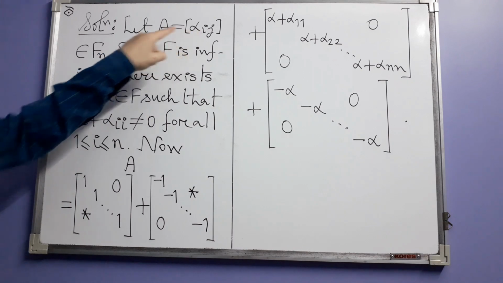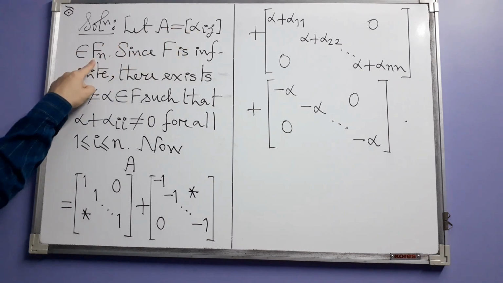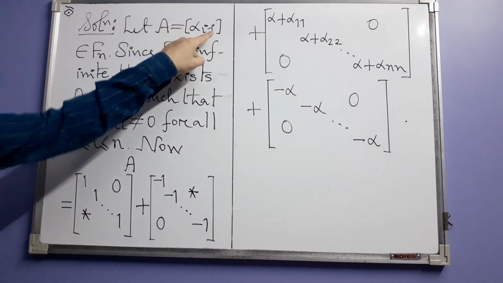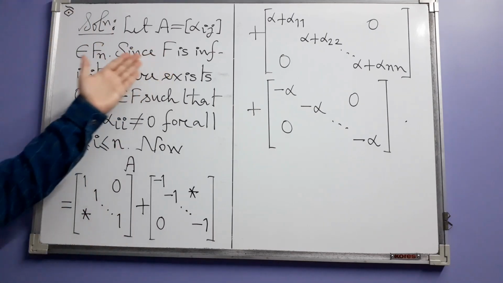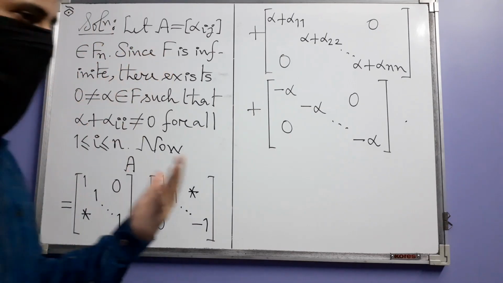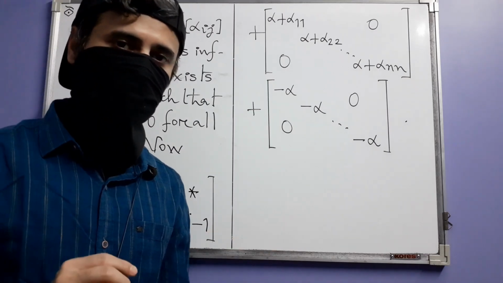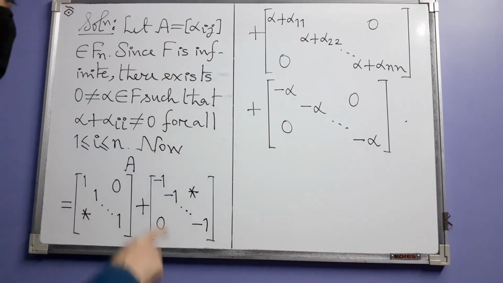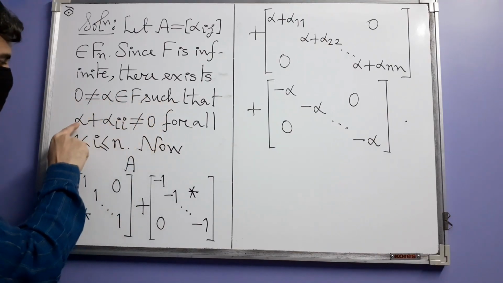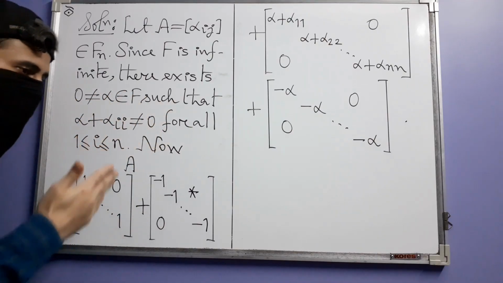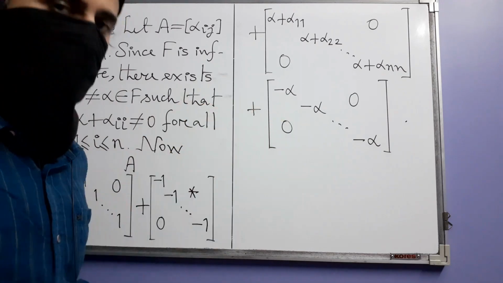Say A is any matrix in Fn whose ith row jth column entry is alpha ij. Now the fact that F is infinite allows us to choose a field element alpha which is non-zero, and at the same time it is different from all the minus alpha i's.